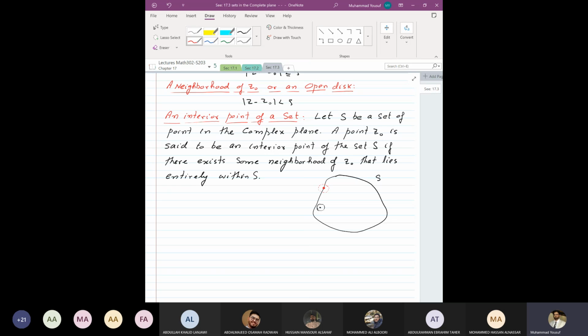This point is called a boundary point. Okay.